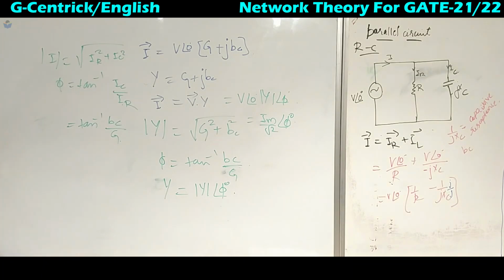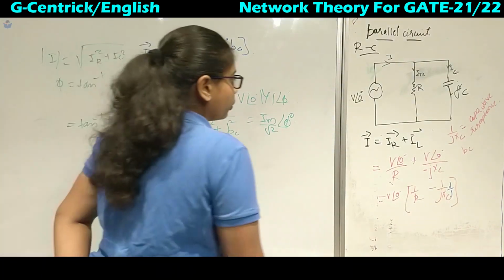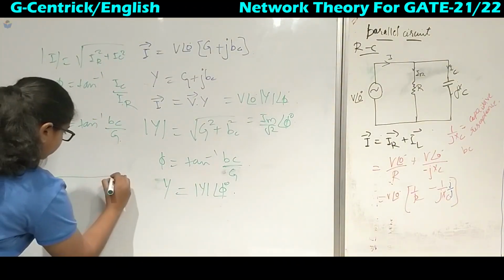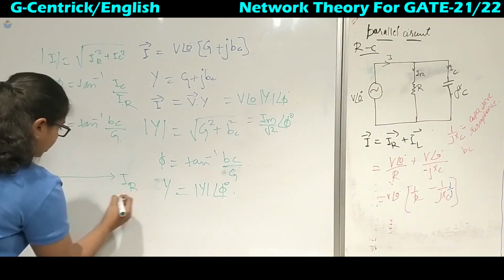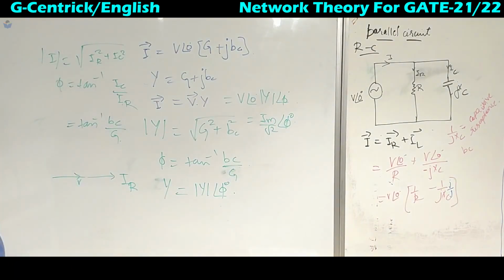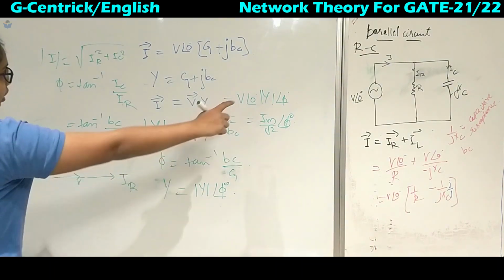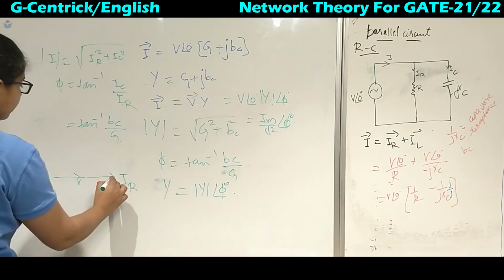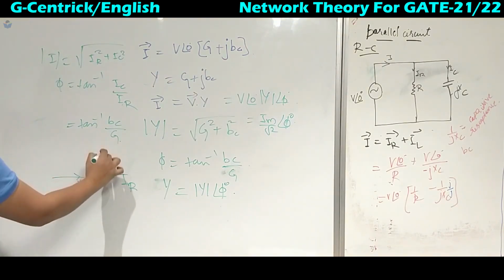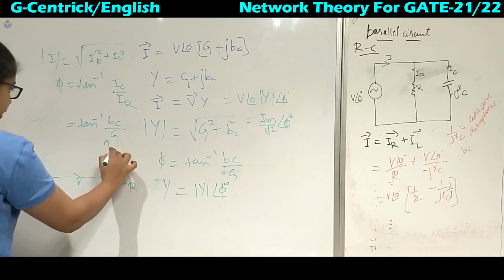How will you do? Now we have to draw the phasor diagram first. So first I will take the reference as IR. Then we know that voltage and current are in phase because with respect to resistor. So now we have got IC. So what will happen? Current is leading. So instead of drawing here, because of the vector addition, I will draw it here.